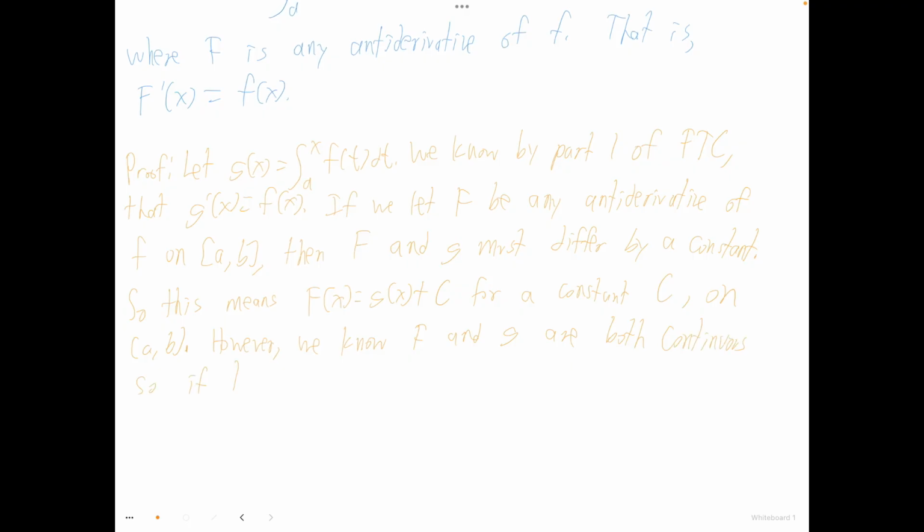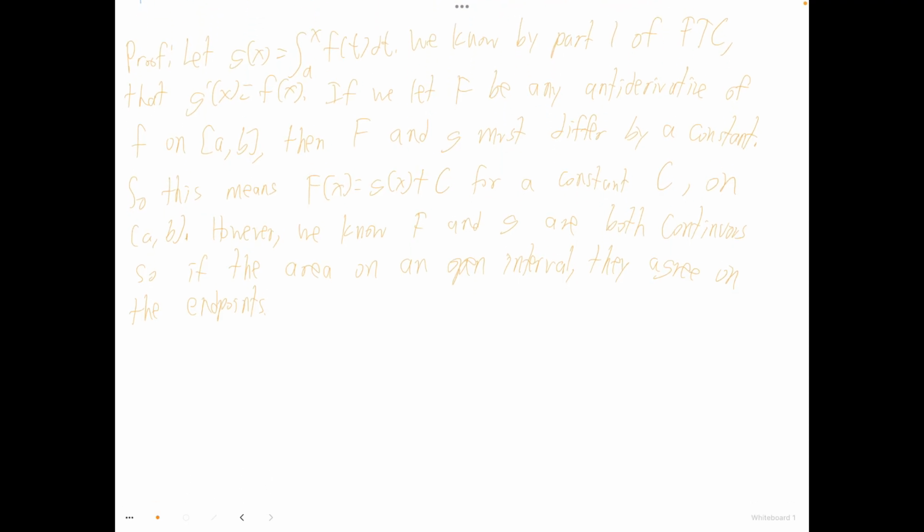So if they agree on an open interval, they agree on the endpoints. Okay, so this is kind of just a technicality. We're basically saying that we actually have that capital F of x equals little g of x plus c on the closed interval a to b.